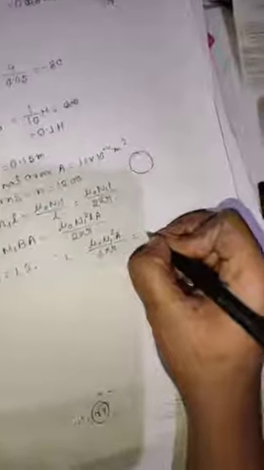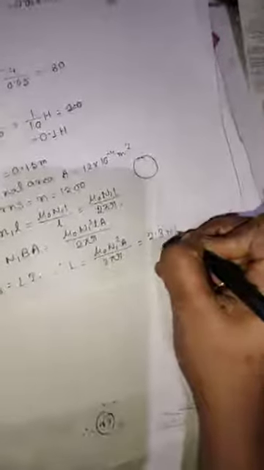If you put the values, you will get the result as 2.3 millihenry. So this is the answer for question number 5. Hopefully it is clear to all.